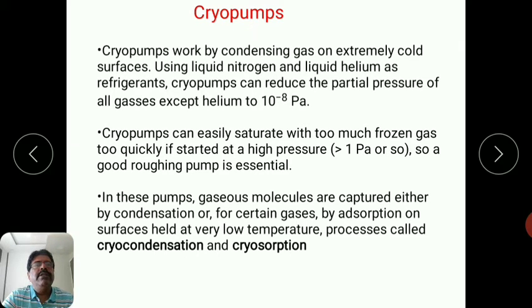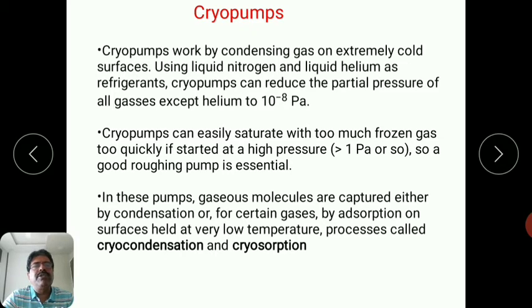Okay, so in these pumps, gaseous molecules are captured by two methods, either by condensation of certain gas species, or by adsorption on a surface which is held at a very low temperature.